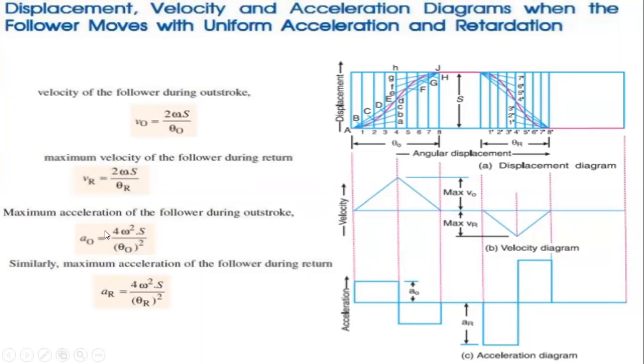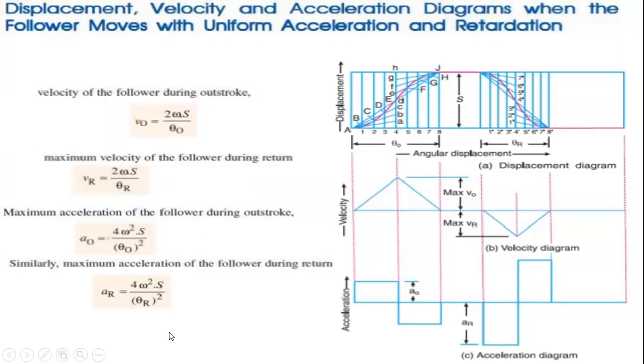So next we need to take the acceleration for the outstroke as well as the acceleration for the return stroke. For the acceleration of the outstroke, it is 4 into omega square s by theta of O square, and for the return stroke it is 4 into omega square s by theta of r square.